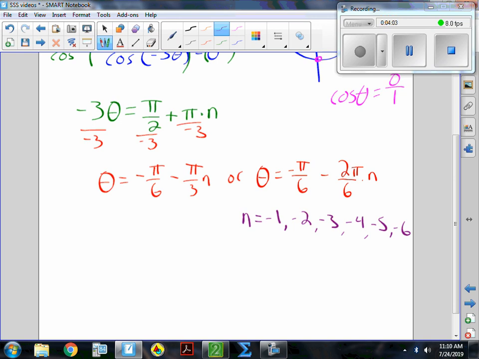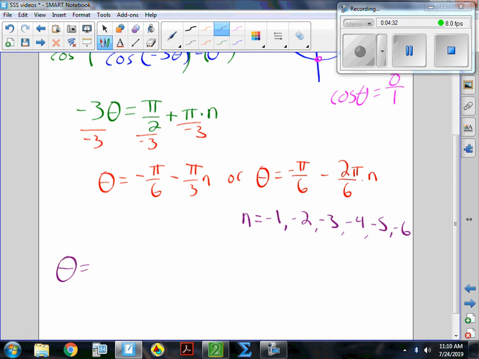I know that from 0 to 2 pi, cosine theta is equal to 0 twice, pi over 2 and 3 pi over 2. Because of the 3 times theta, my period is 1/3 of 2 pi, or 2/3 pi. So there's going to be 3 times as many solutions. So 3 times the 2 solutions gives me 6 solutions. So I'm going to let n equal all those values and start plugging stuff in.